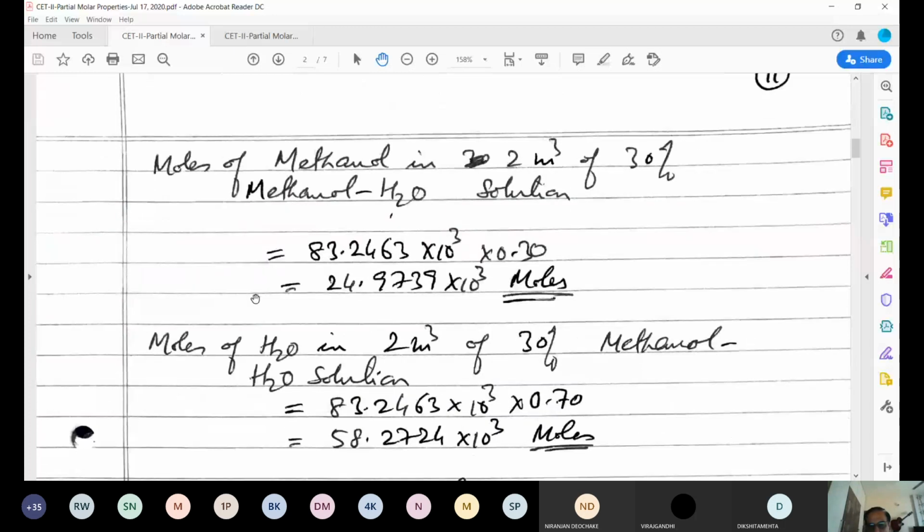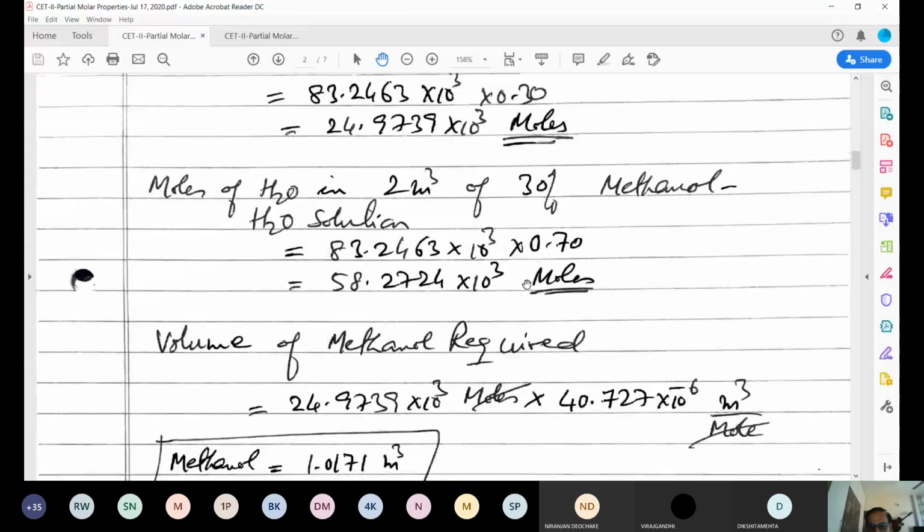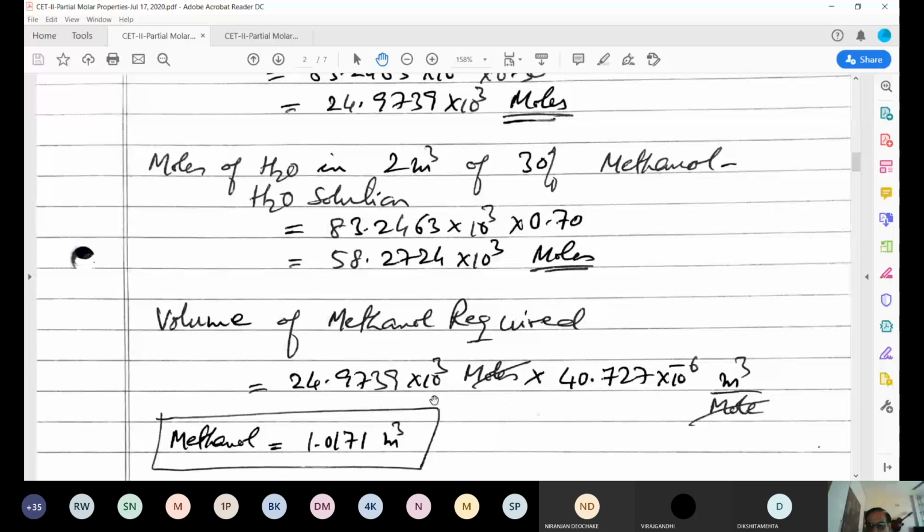अब ये मिल गया हमारे को मोल्स। प्योर मिथनॉल के मोल्स कितना है, प्योर वाटर का मोल्स कितना है बिफोर मेकिंग द सॉल्यूशन। तो इसको हमको वॉल्यूम में कन्वर्ट करना है, बिकॉज वी वांट टू मिक्स, राइट? वी कैन नॉट मेजर मोल्स, वी कैन मेजर द वॉल्यूम ओनली, राइट? फिर मेजरिंग जार में लिया हमने कितना वॉल्यूम लेने का, तो वी कैन कन्वर्ट दिस मोल्स इनटू वॉल्यूम ऑफ मिथनॉल बाय मल्टीप्लाइंग विथ मोलर वॉल्यूम ऑफ प्योर मिथनॉल, because we are talking about pure methanol now.